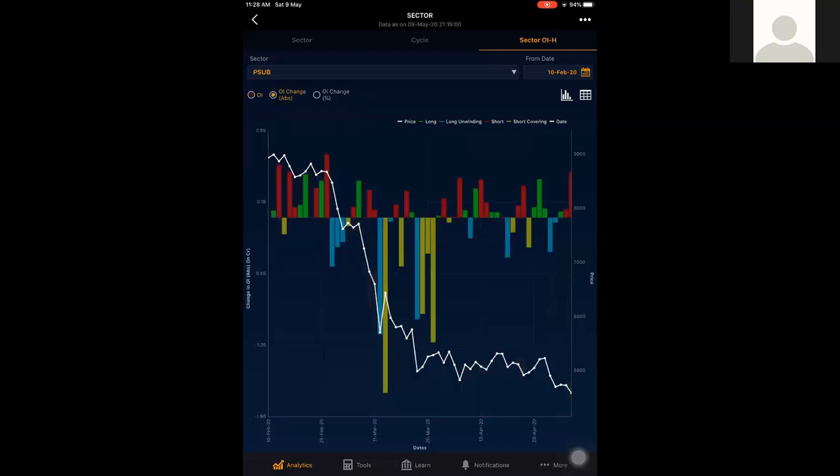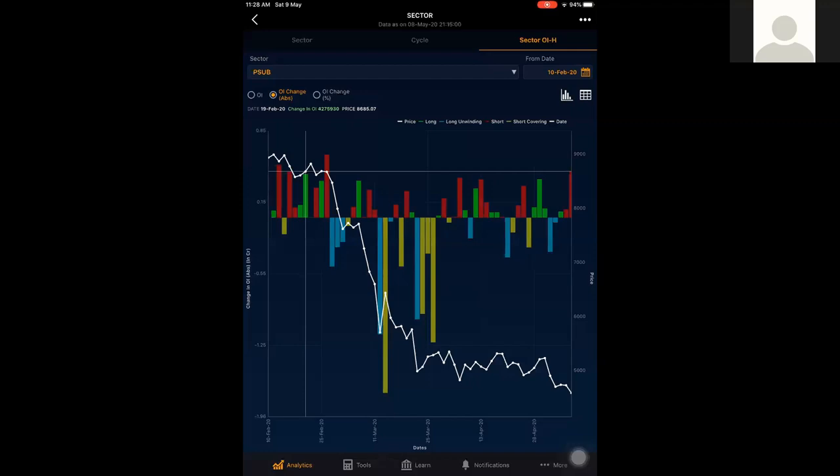So now you have OI change, which is basically the absolute change we are seeing. So you have change in OI and you have the price. It's the actual difference we are seeing from yesterday till date.